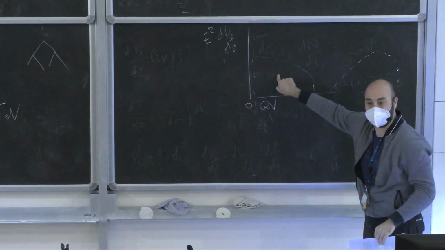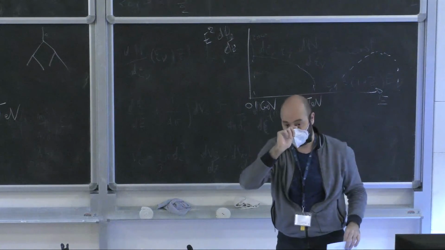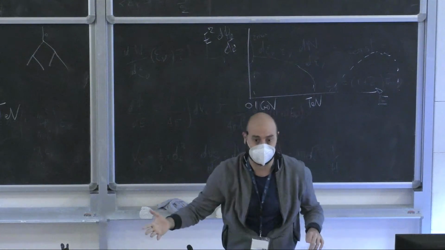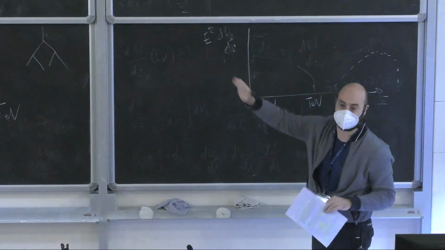Now, this thing is contributed by anything. It is contributed, for instance, by the population of gamma ray sources that we know about. But also it should be contributed by these cascades.